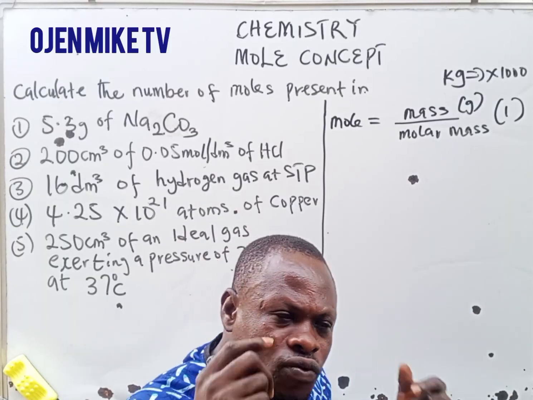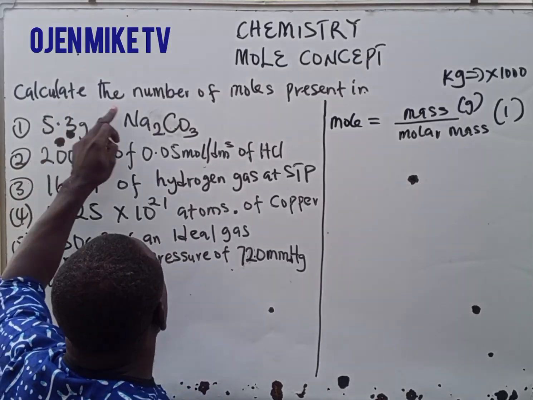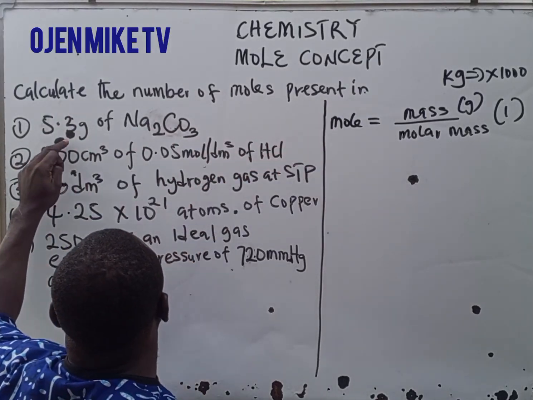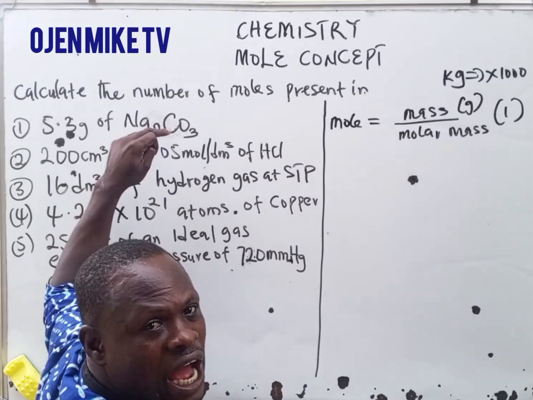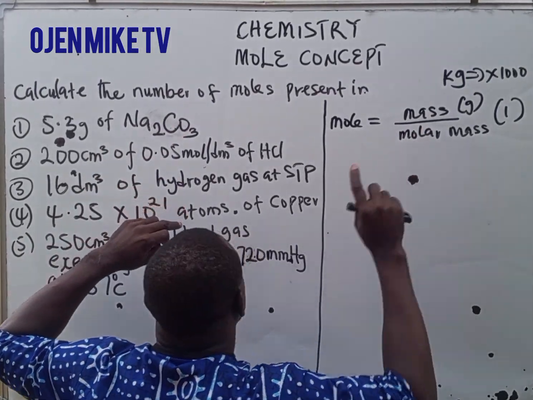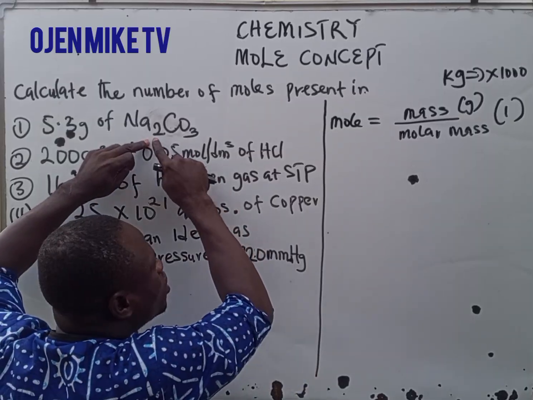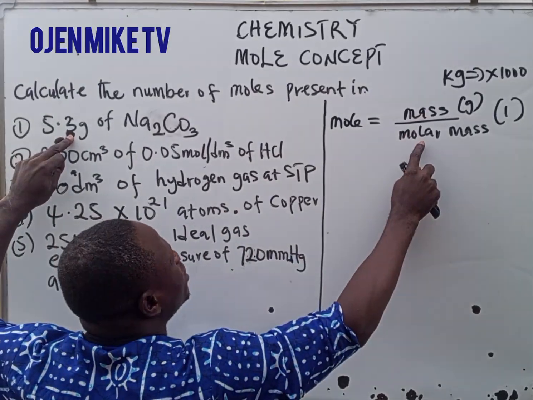So in the first example, calculate the number of mole present in 5.3 grams of sodium carbonate. Mass over molar mass. So you are going to find the molar mass of this one. The mass is already given in grams, so divide it by the molar mass.